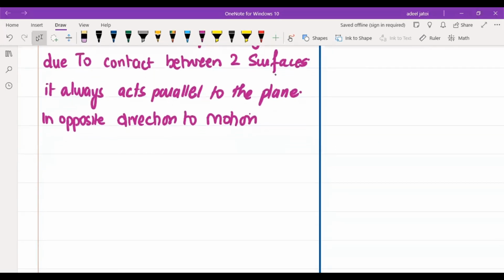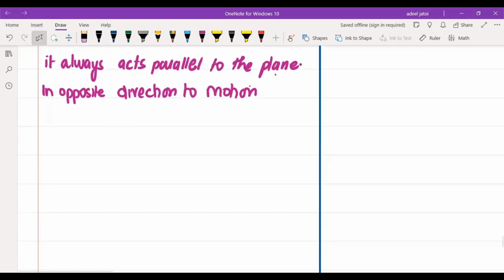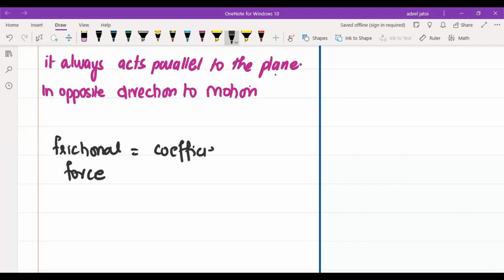Now, for frictional force, you should know that frictional force is equal to the coefficient of friction multiplied by the normal reaction.